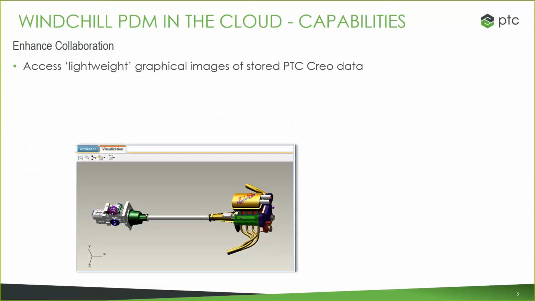And this is CAD agnostic, so it's not dependent on it being PTC Creo data, but it could also be SolidWorks data, it could be NX data, it could be Inventor data, whatever it may be. These visualizations can be utilized through the entire organization based off of what they're trying to see.